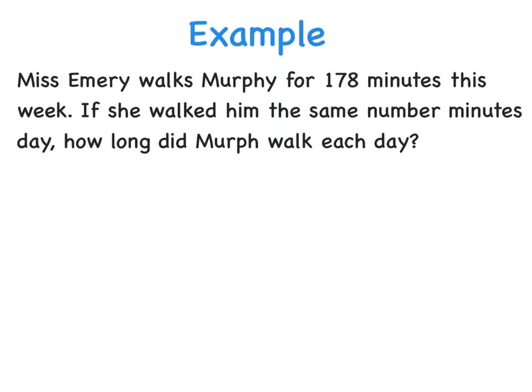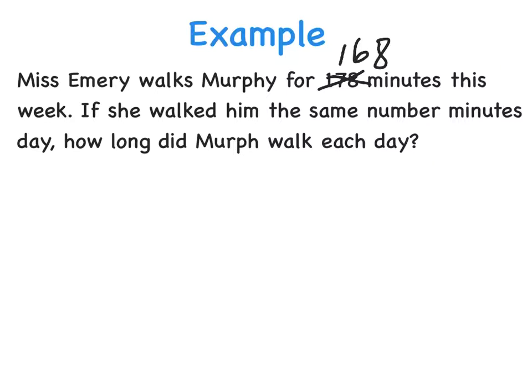Here's another example that's a little bit different. And I'm going to make one change. This should say 168 minutes. So the example is Miss Emery walks Murphy for 168 minutes this week. If she walked him the same number of minutes each day, how long did Murph walk each day?